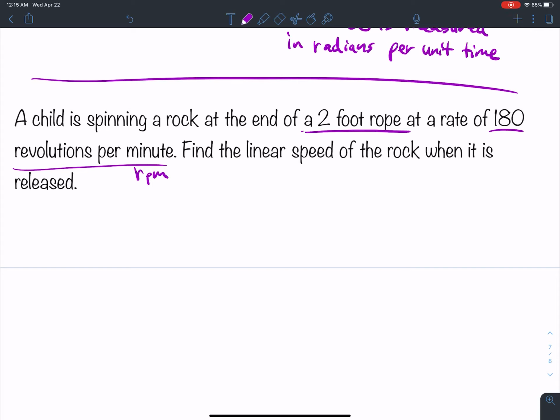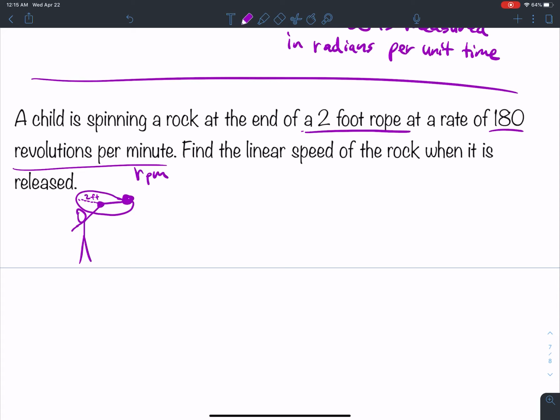Okay. So first off, the rock is moving around a circle of radius 2. If you think about it, you've got your little kid, and he's flipping this thing around, spinning this rock around in a 2-foot radius, right?